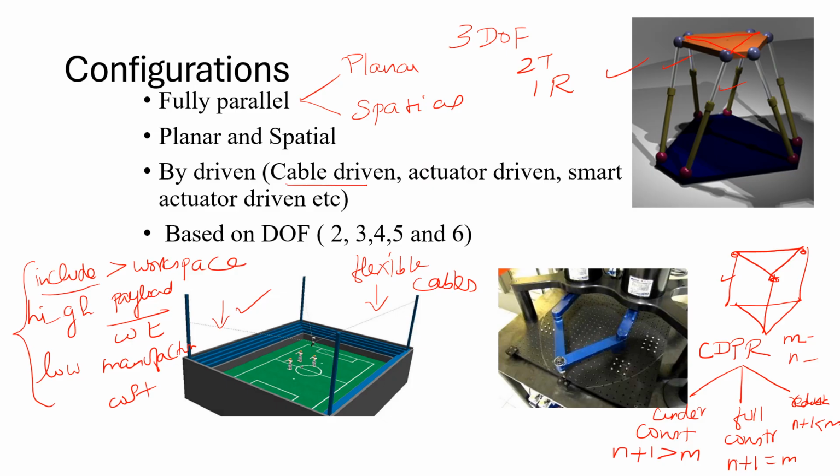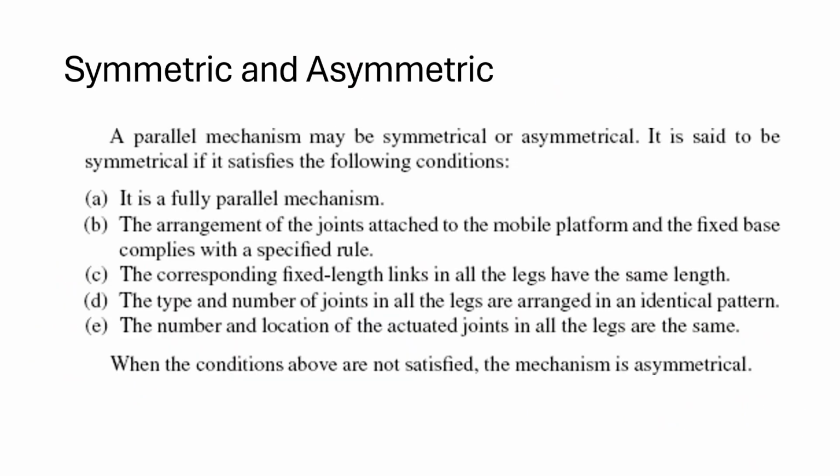In the under constrained case, we determine the position and orientation by gravity, whereas for the fully and redundantly constrained ones, we determine them by the length of the cables, right?